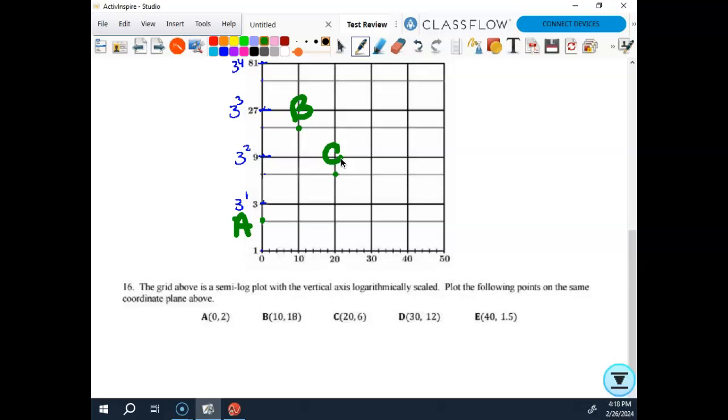Okay, so we got 30. So this is 9 and then 18. And so 12 would be right about there. And then 40, 1.5. So remember this is 2, so 1.5 right about there. Okay, and that is your E.